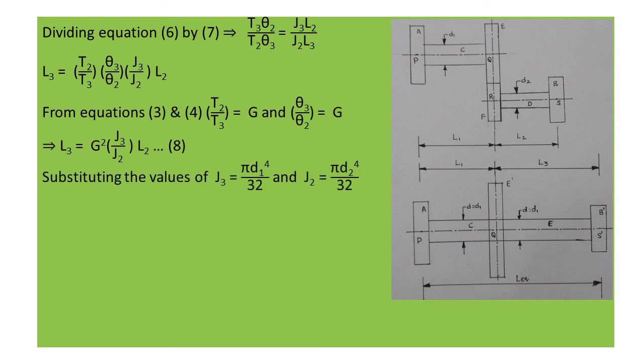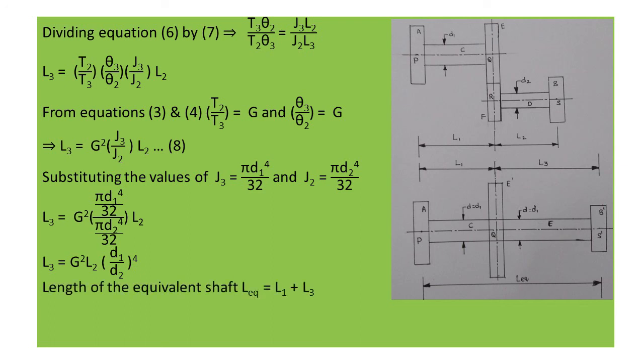By substituting the values J3 equals pi by 32 d1 to the power of 4 and J2 equals pi by 32 d2 to the power of 4, and simplifying, L3 equals G square L2 into (d1 by d2) to the power of 4.